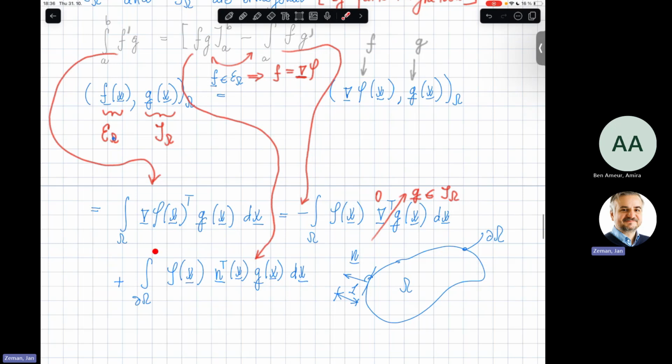So actually, it turns out that the only term which decides whether this orthogonality will hold or not is actually this term. And now comes what I always find a bit of a miracle, because if you just have a look here, this is something which is obtained by integration from the boundary.